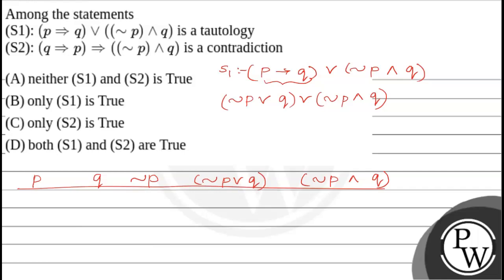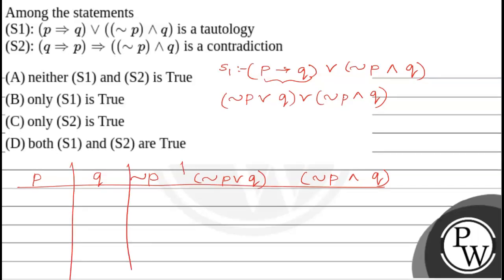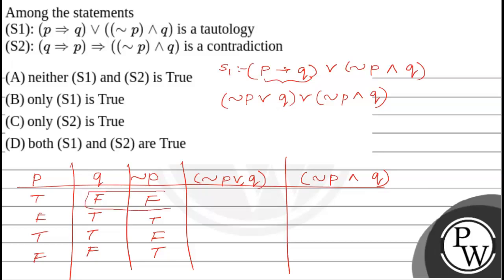So in this truth table, first let's randomly take the truth values. So let's take true, false, false, true, true, true, false, false. Now taking negation of P. Negation of true will be false, negation of false will be true, true will be false and false will be true again. अब हम ये find करेंगे negation P disjunction Q. So we have learned from the second property that for the disjunction, the truth value will be false only when both values are false, which is happening only in one case here.